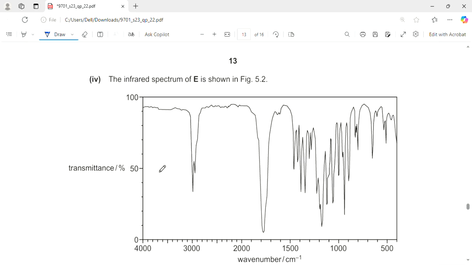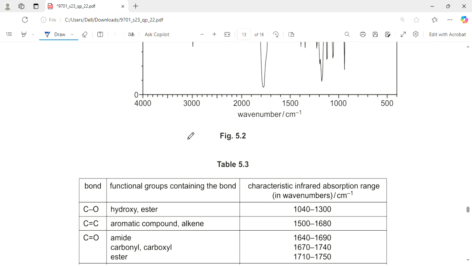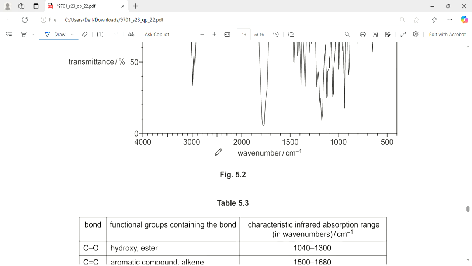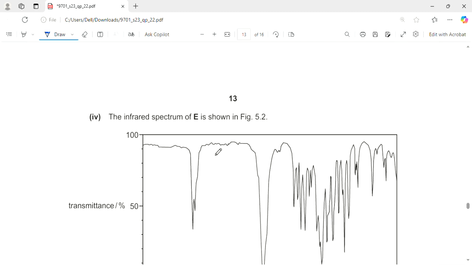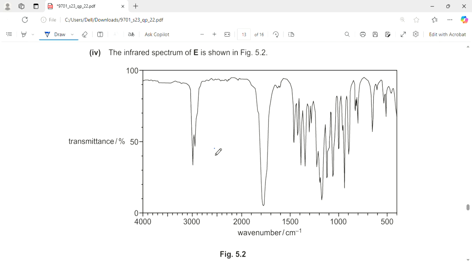The infrared spectrum of E is shown in the table. Use figures 5.2 and 5.3 to predict two differences in the absorption above 1500 in the infrared spectrum of D compared to E. Explain. We know the structure of E is this, and the infrared spectrum is this.